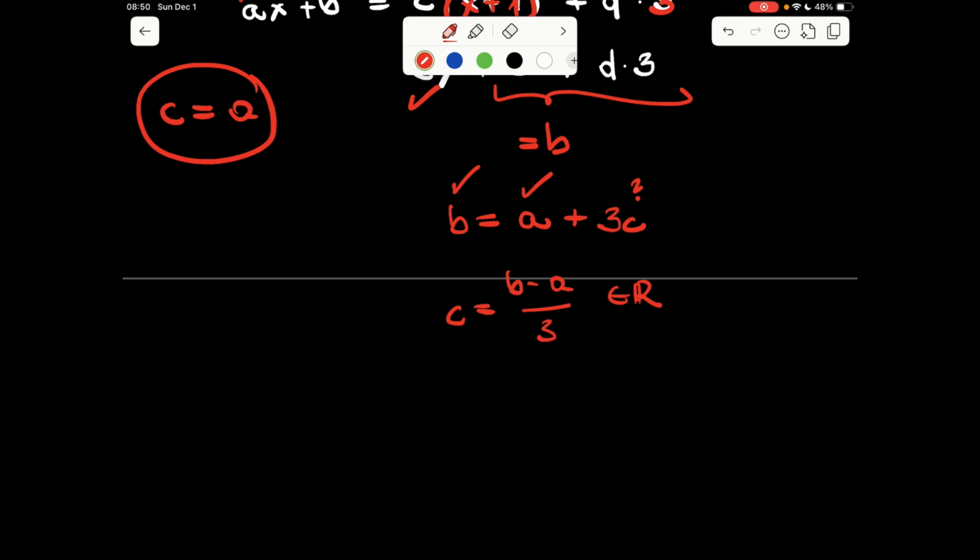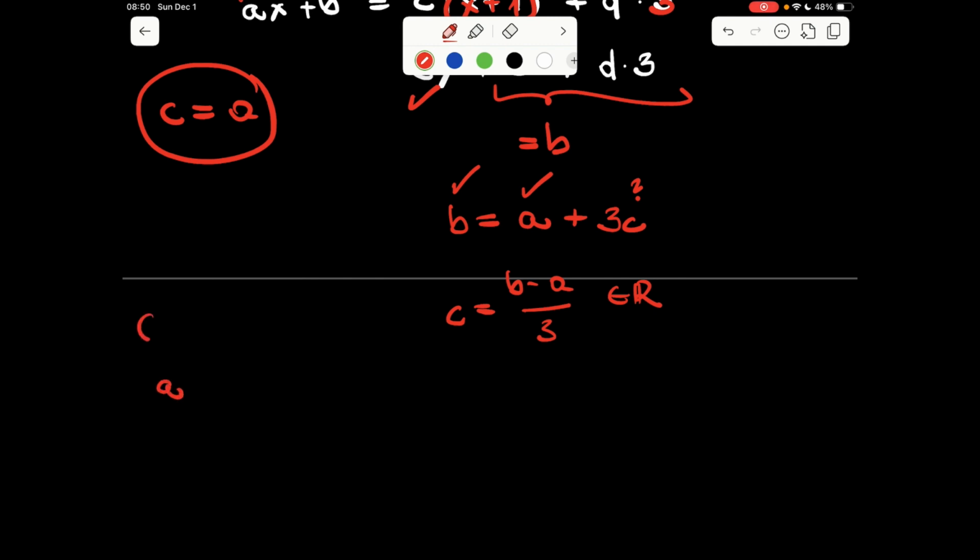So we have the linear combination. We can use the new basis, from which we can linearly generate, combine any function of the form ax plus b.